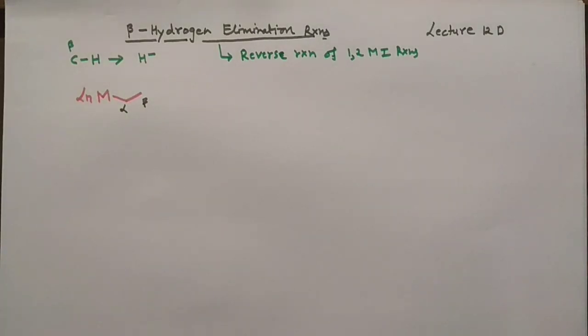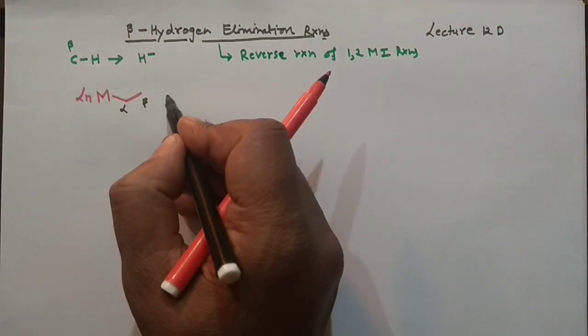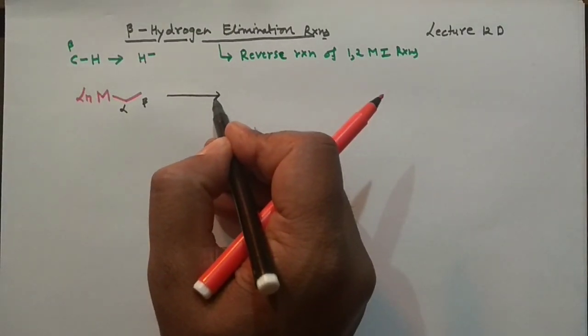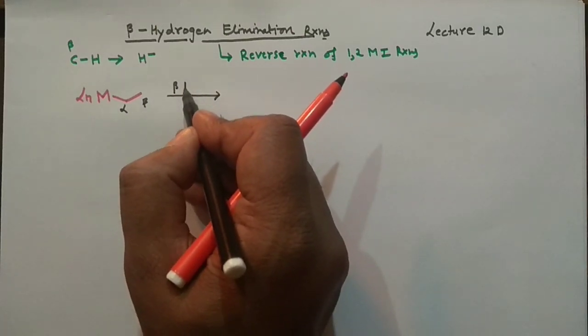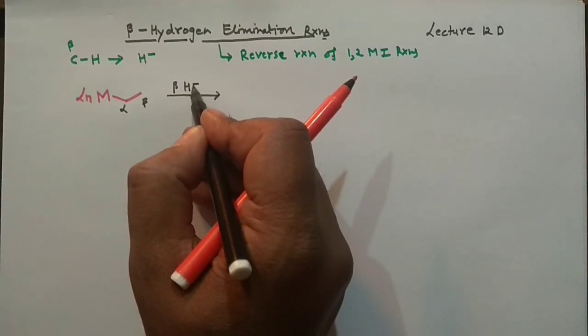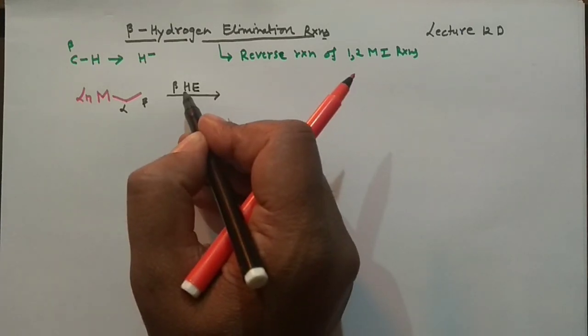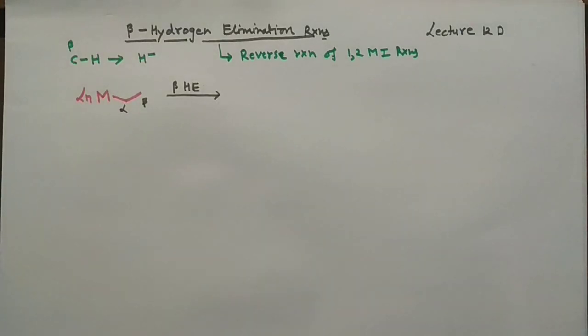And if you want to do beta hydrogen elimination or beta hydride elimination, for this I'll write beta HE. This is my abbreviation for this beta hydrogen elimination reaction.